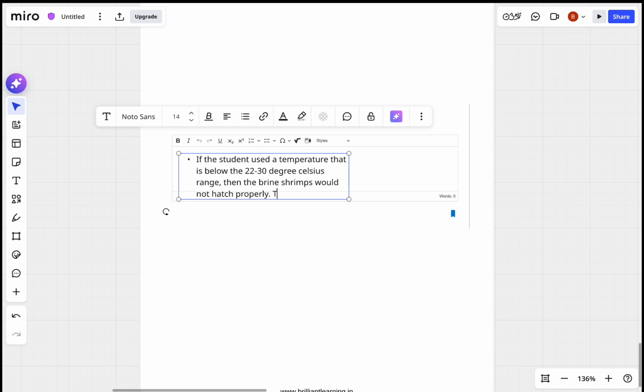So let's just write this is because the enzymatic activity will denature. Now moving on to the second point, as this is a 4 marker, let's write the other case scenario, which is what would happen if they took a temperature range that is higher than 22 to 30 degrees.